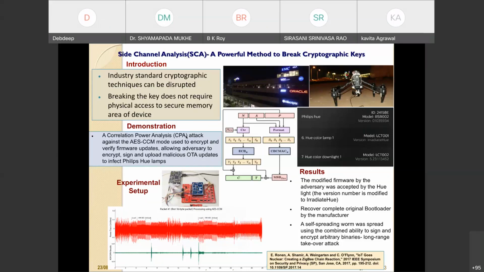There is an authenticated encryption in place so that the firmware cannot be updated, but the way the implementation was done did not take into account that an adversary can take physical possession of those devices and then recover the secret key by applying techniques called side channel attacks. And once the key is revealed, it can update the firmware and jeopardize the security assumptions. Therefore, it is important to ensure that your crypto devices do not have such glaring vulnerabilities.